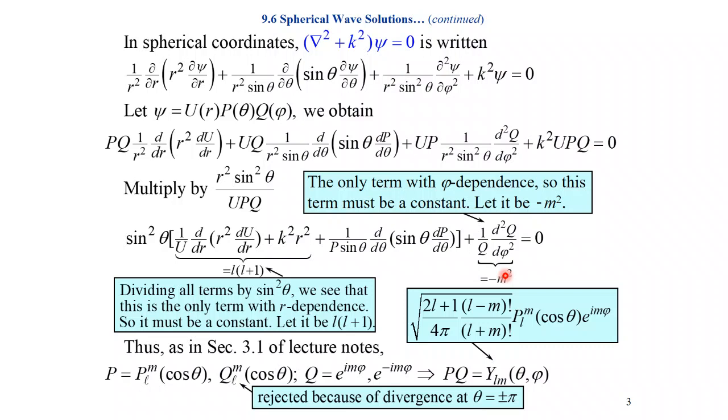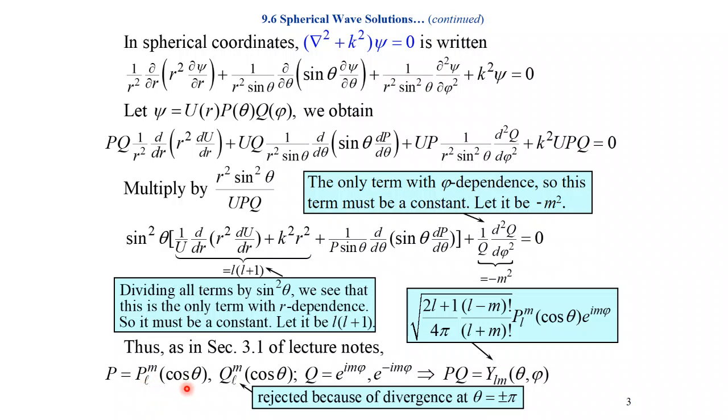We are going to use these properties. We will divide all terms by sine theta squared. We see that this is the only term with r dependence, so it must be a constant. Let it be L times L plus 1. That's from our experience.